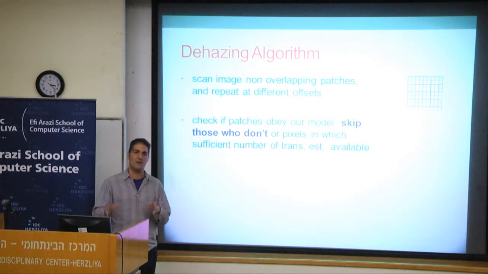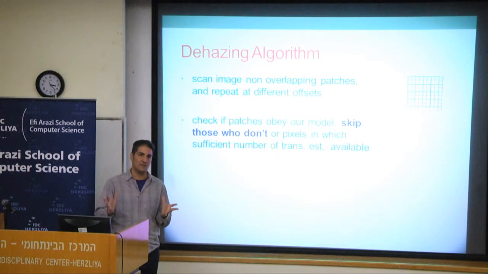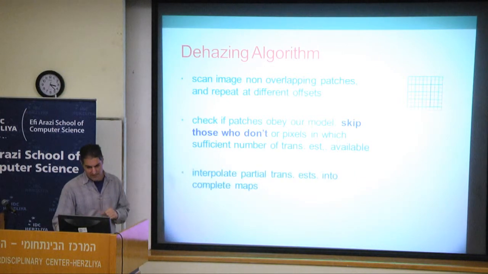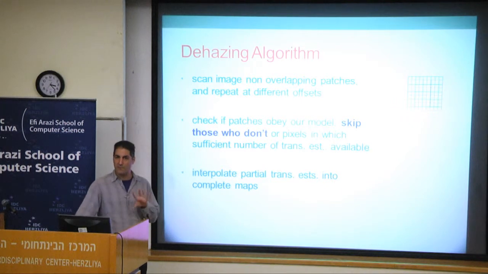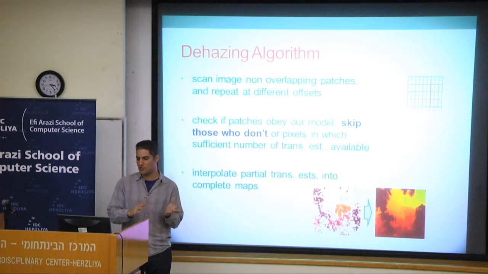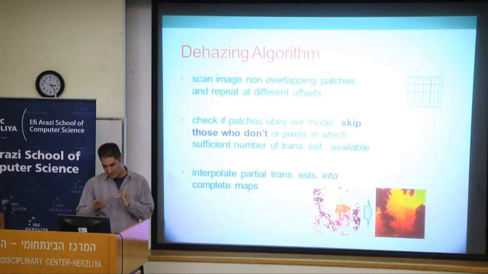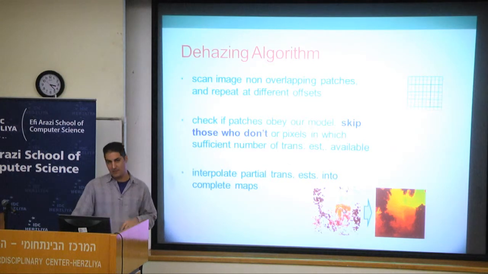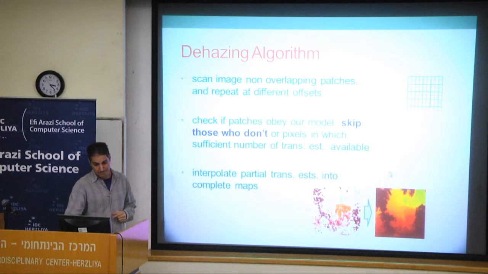So that's the part where the new method can identify patches in which its assumptions basically don't hold. Either pixels don't lie on a color line, or that color line doesn't obey certain rules that I would list in a slide. And that would give partial estimation of the transmission, as you can see here. And then in the paper, I propose some edge-preserving interpolation scheme that is dedicated for this procedure in order to complete the transmission map, as we see here, and dehaze the image based on this transmission map.